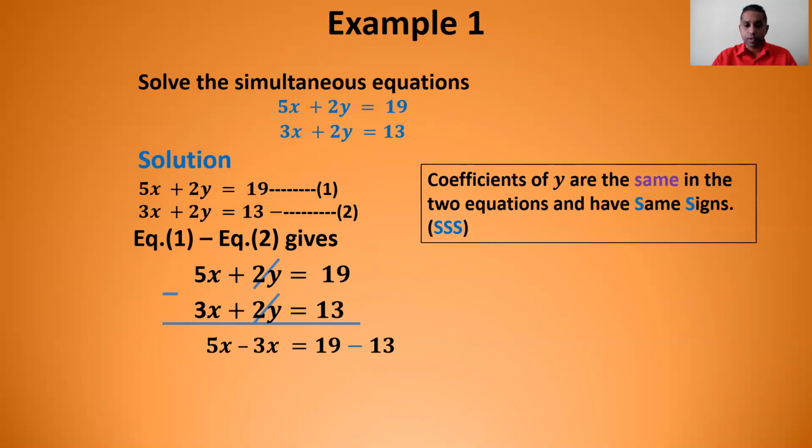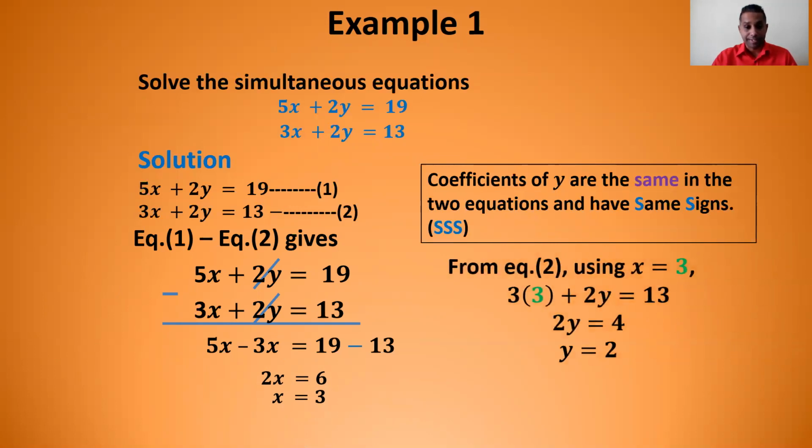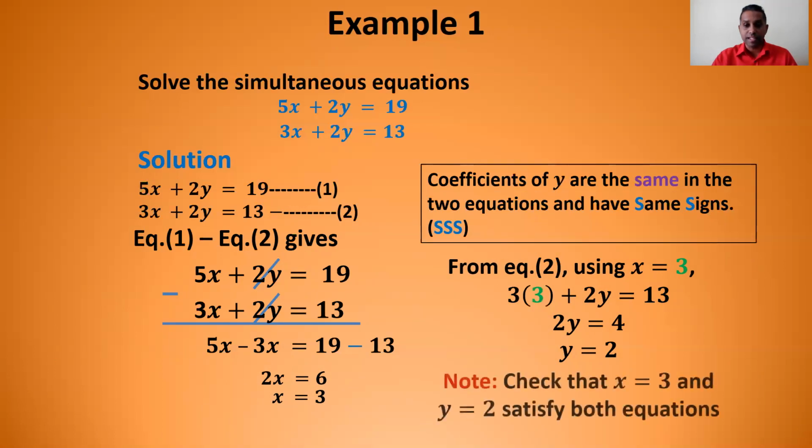If we solve this equation, which now involves x only, we get x is equal to 3. With this value of x, we can find the value of y using any one of the two equations. For instance, from equation 2, we obtain y is equal to 2. Remember students, it is good that you check whether these values satisfy both equations.